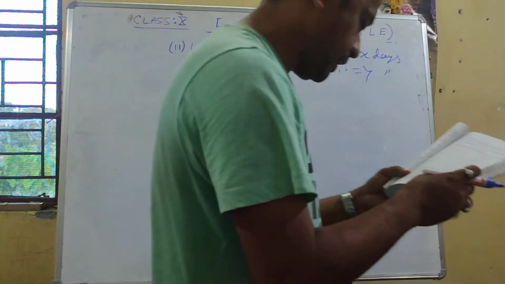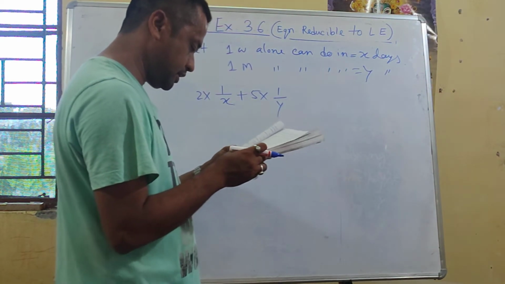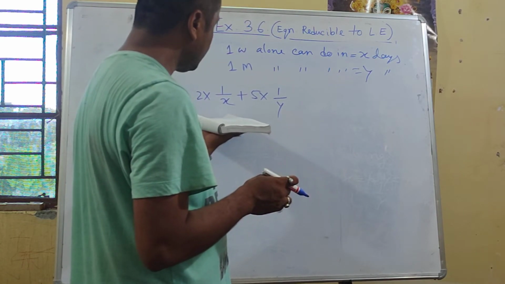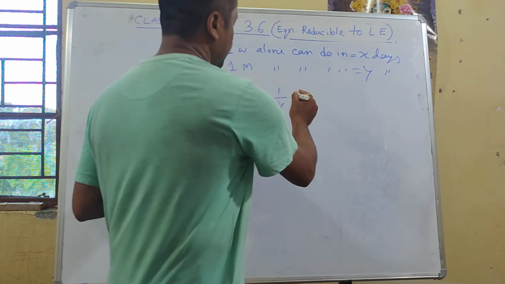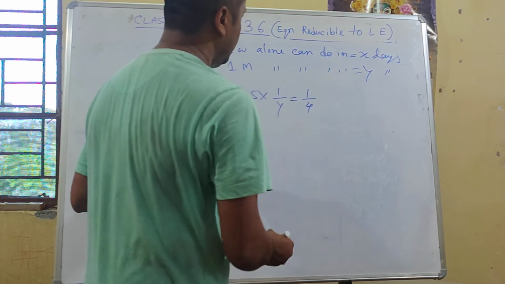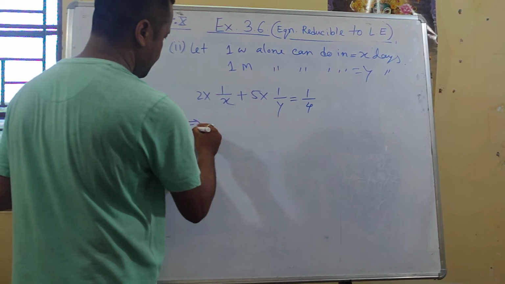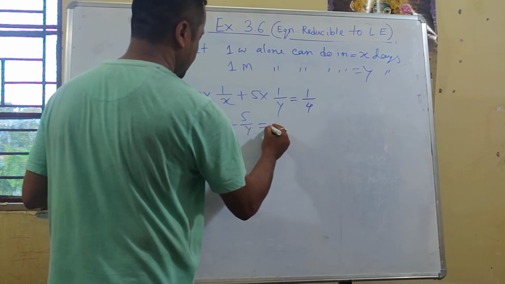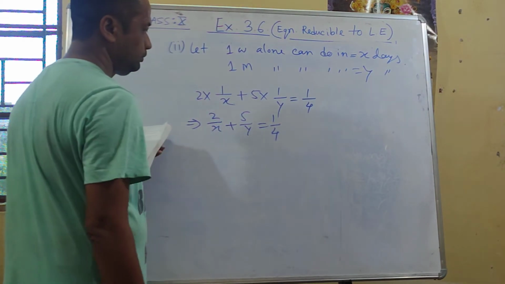So in 4 days they can finish, so in 1 day their work will be 1 by 4. So this is the first equation: 2 by X plus 5 by Y is equal to 1 by 4.